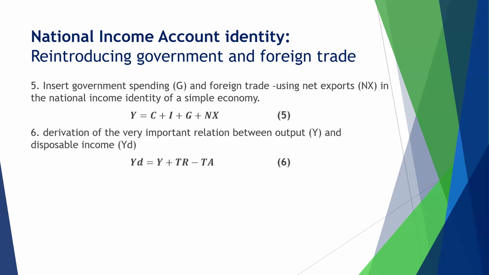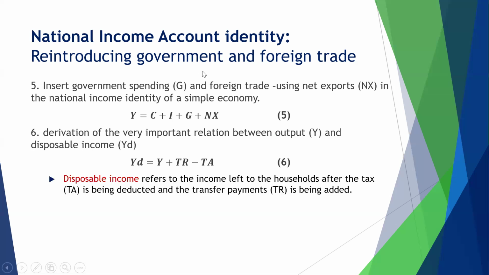Here we have this disposable income, denoted by YD, which is equivalent to Y, which is our national income, plus TR. The TR here is your transfer payment.